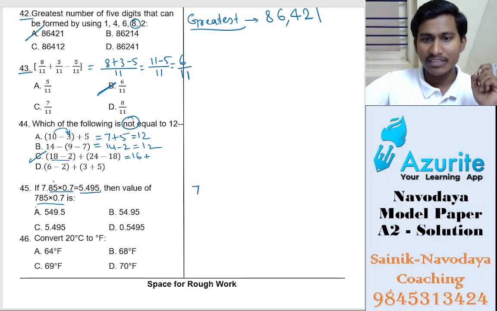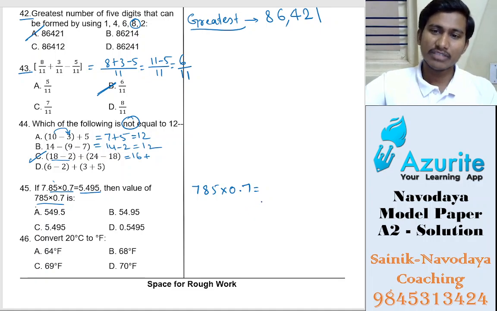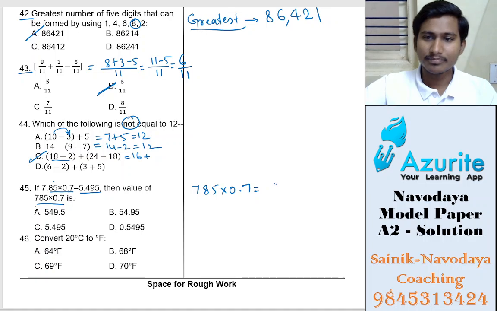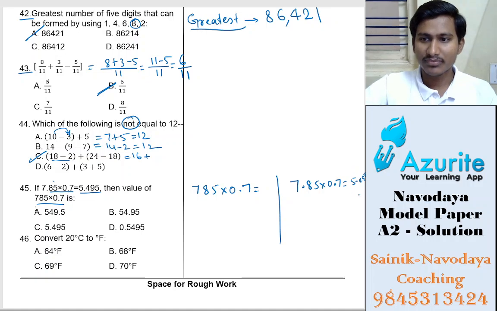So we have to find 785 into 0.7 value, right? So what is given here? 7.85 into 0.7 is how much? 5.495, okay? Yes, 5.495 it is.